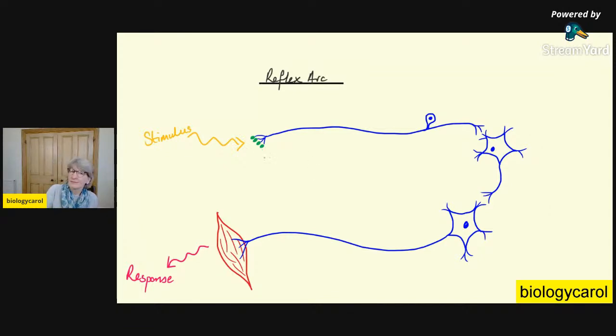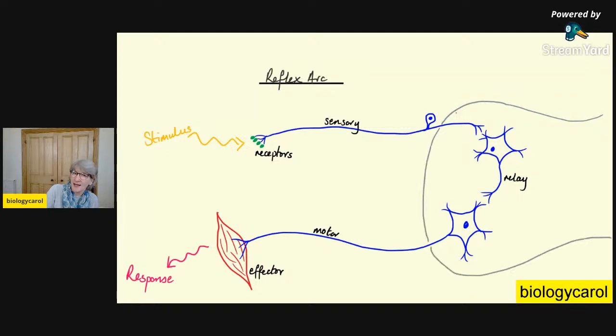So the stimulus hits the receptors, travels down the sensory neuron, past the cell body just on the outside of the central nervous system to the relay neuron, across the synapse, across this one here, across the synapse here, to the motor neuron and to the effector, bringing about that fast involuntary response because it is such a short neuronal pathway.